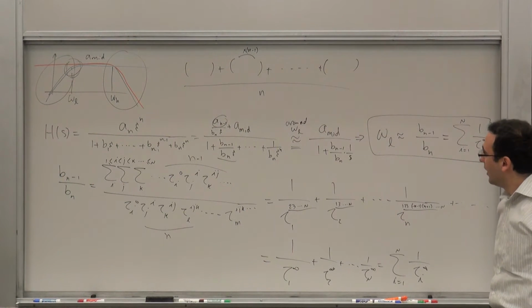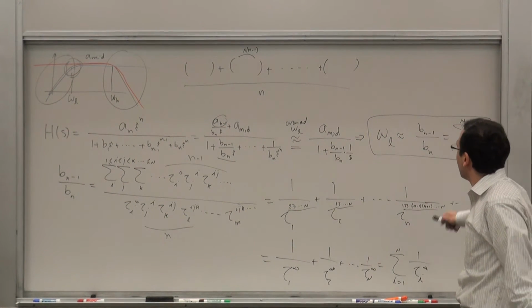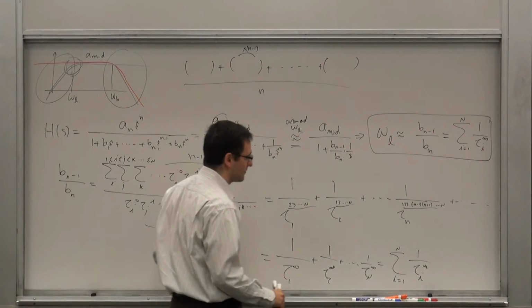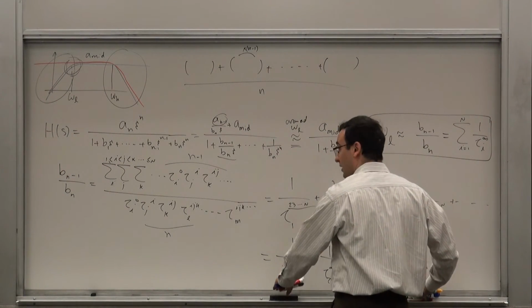Okay. So let's do an example of this. So this is the 0, the infinite value time constant. And how do we use it? How do we apply it? Let's go somewhere else.